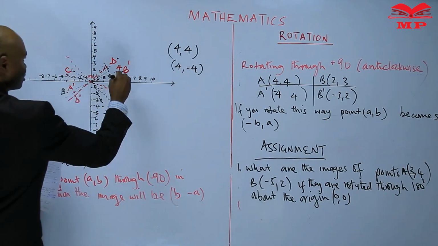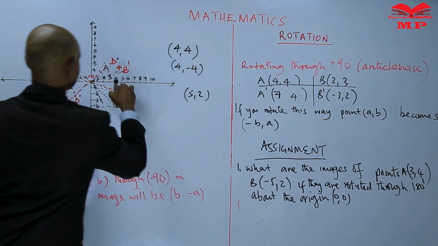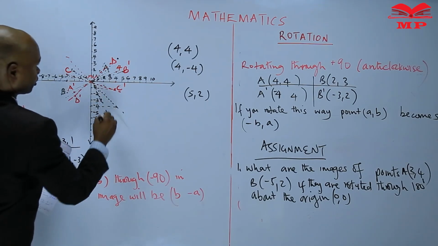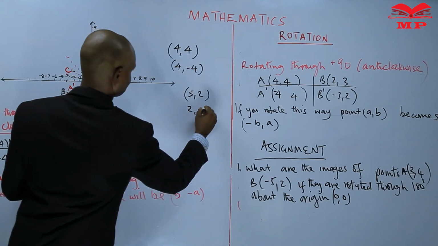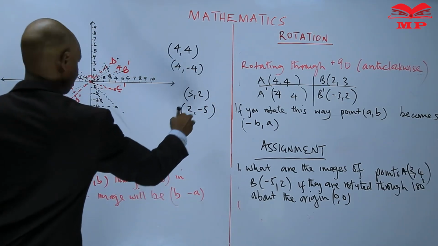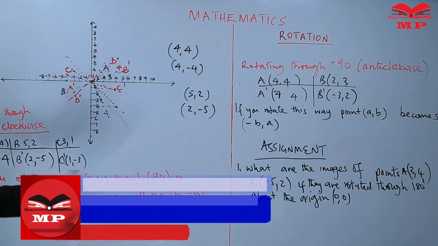When we had 5, 2, we got 2, -5. B comes here and A changes the sign.